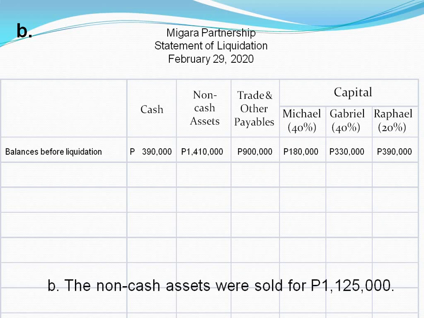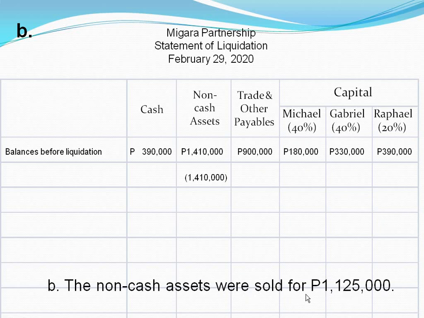The problem states here, the non-cash assets were sold for 1,125,000 pesos. Therefore, the non-cash assets decreased by the amount of its carrying value of 1,410,000 because all of the non-cash assets were sold.